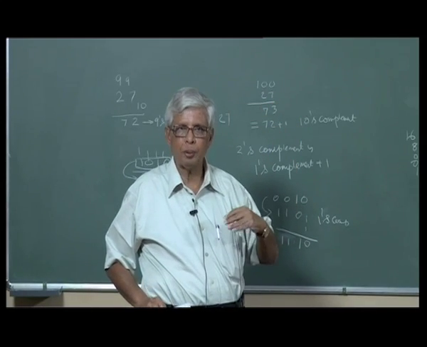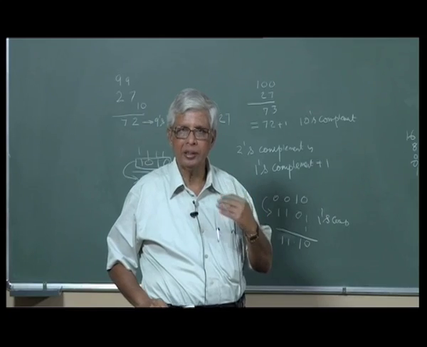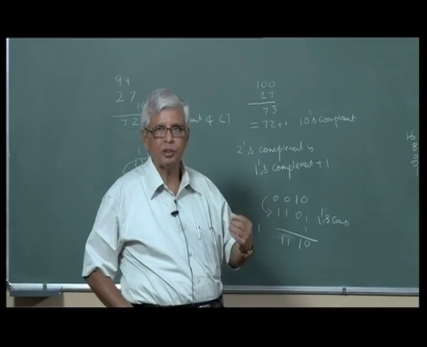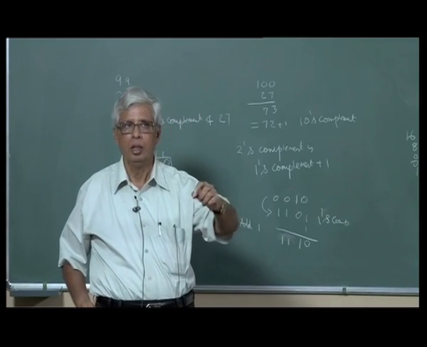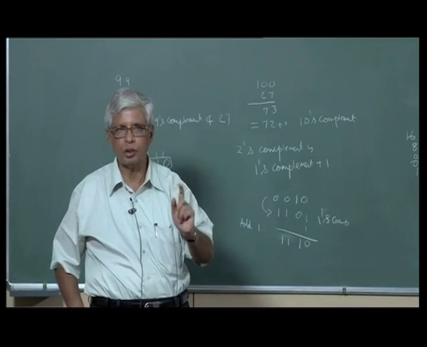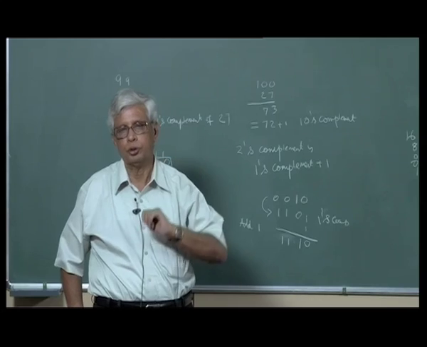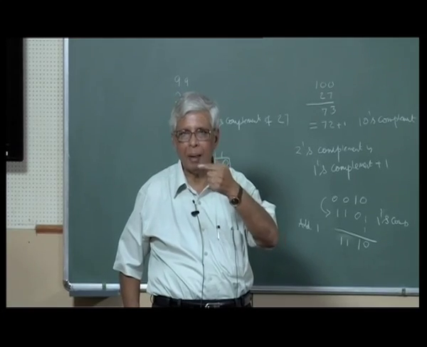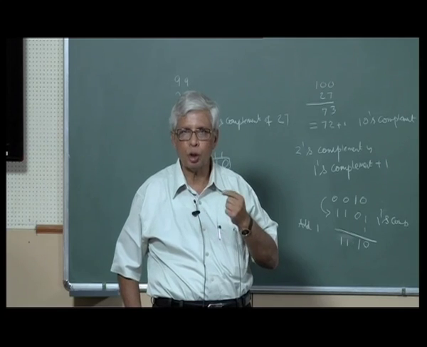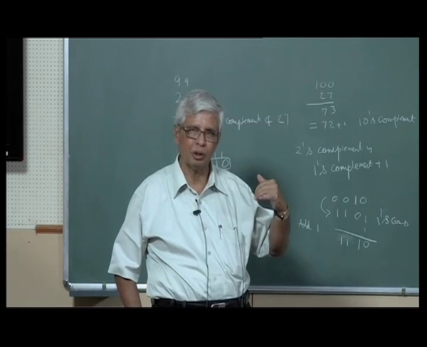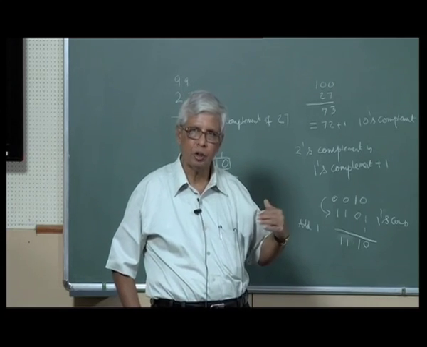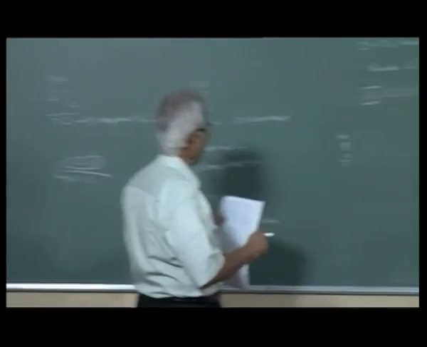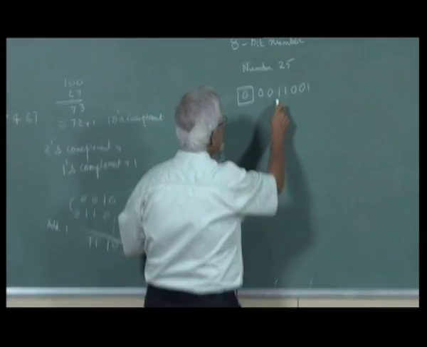Whereas in 1's complement with 8 bits, I can go only from minus 127 to plus 127 because 0 occurs twice. 1111 as well as 0000 are both zeros. In 2's complement, we have an extra number, so the range is minus 128 to plus 127. Now, why am I writing all of this? 25 is enough.